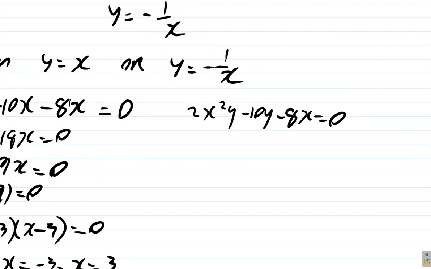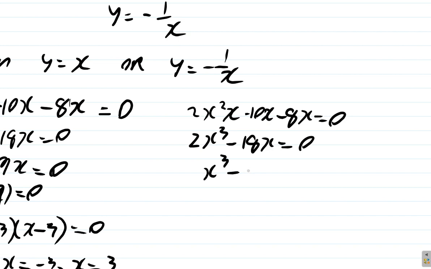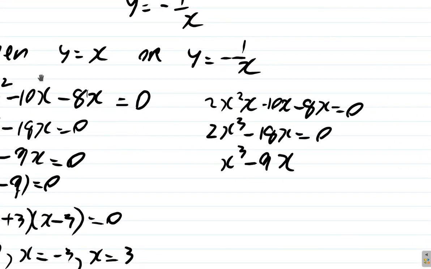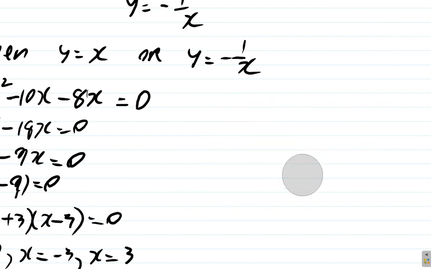If y is x, we could just get rid of this y and put x there, and this y as well, and use x. So we'd have 2x cubed minus 10x minus 8x, which would be negative 18x equals 0. So we'll divide by 2 and I get x cubed minus 9x. Same thing would happen, right? It's just like the one we did before, so you don't have to worry about this.